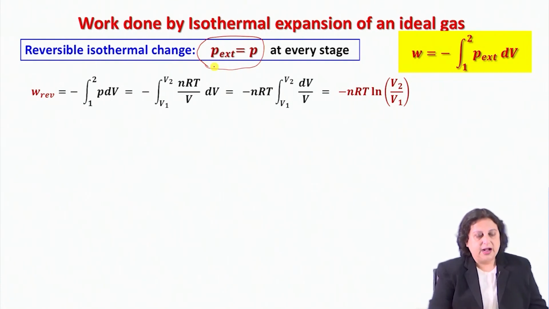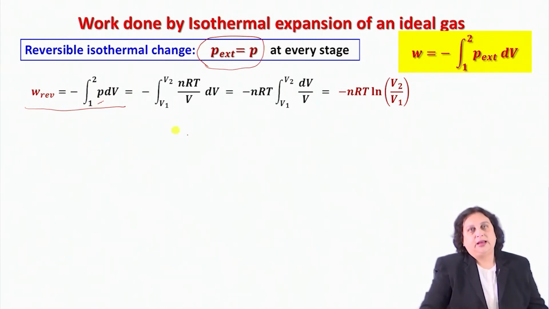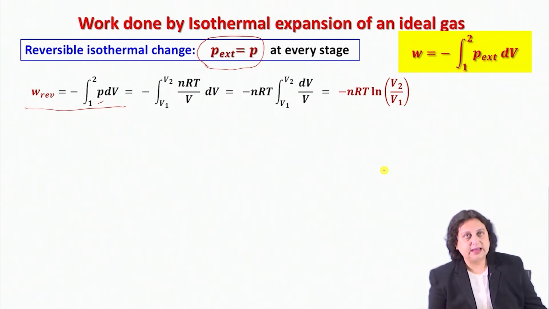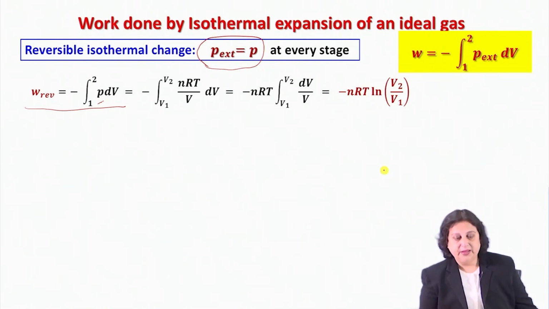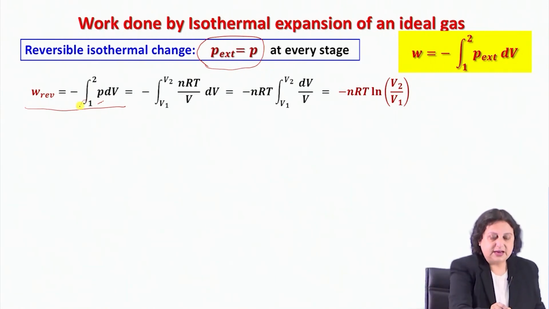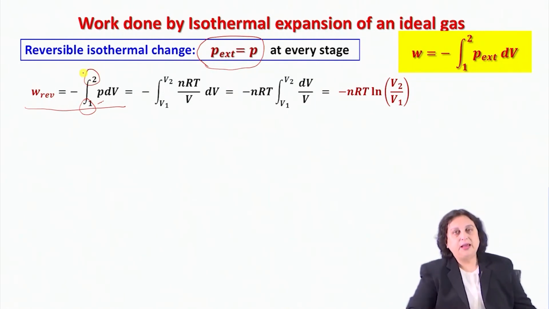And therefore, I can write down this expression where I have replaced the external pressure by the pressure of the gas. And once again, let me emphasize that this is valid if and only if the transition from state 1 to state 2 is being carried out by a reversible process.